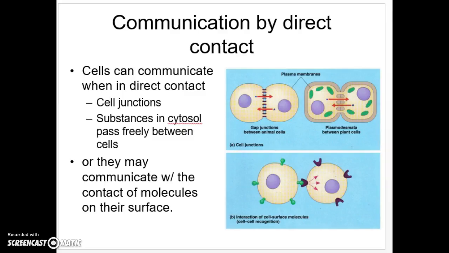And so they can exchange all sorts of substances in their cytosol and pass them freely back and forth. So in an animal cell, this is called a gap junction. And in a plant cell, it's a plasmodesmata. Sometimes that communication that's close by is actually from just one surface molecule to another. So that's still direct contact that's occurring between the two cells, but it's by way of those proteins that are embedded in the cell membrane.